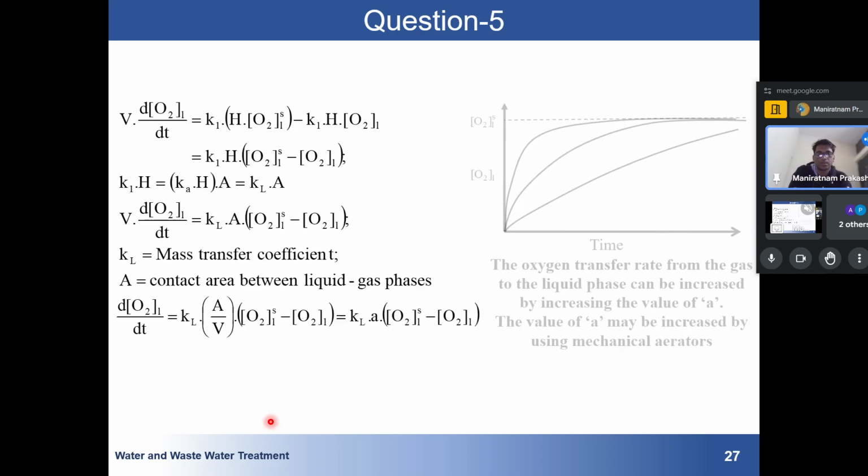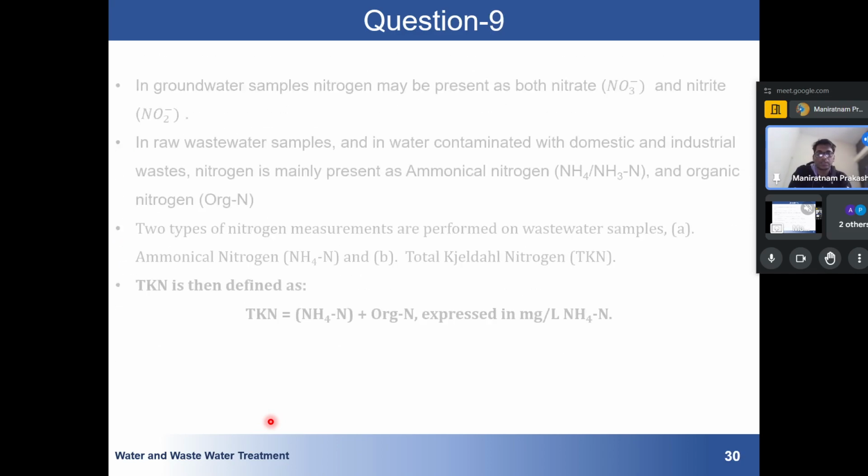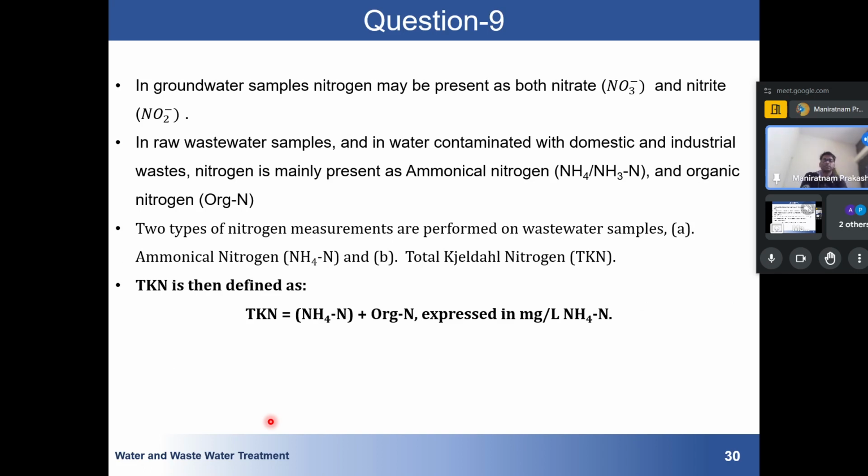So in wastewater, the nitrogen will be present either in the organic form or the ammonical form. Two types of nitrogen measurement are performed on wastewater: ammonical nitrogen and Kjeldahl nitrogen. If there is nitrogen, it will be either in ammonical form or in the form of organic nitrogen.